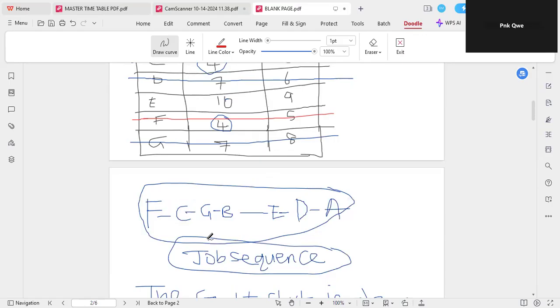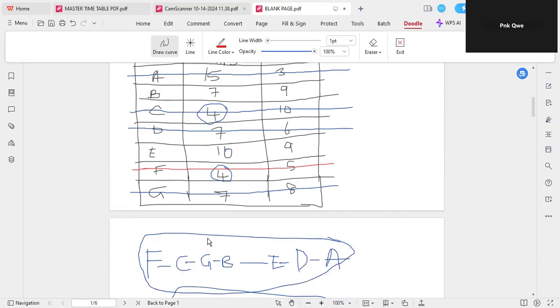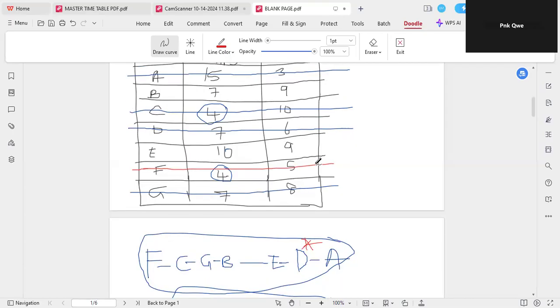Then the other one with processing time 6 is D, which should be done on this other side. Then we cancel it. Then there will remain 7 and 7.